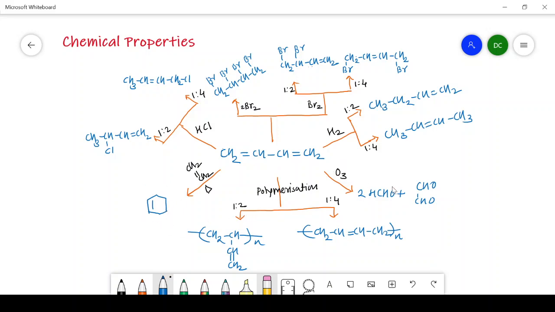On ozonolysis, it will form 2 molecules of formaldehyde and 1 molecule of glyoxal, whereas in polymerization, it will show a product that is polybutadiene, and it is also called Buna rubber. In 1,4 addition, we get a straight chain polymer, whereas in 1,2 addition, we get a branched chain polymer. This is all about the chemical properties of butadiene.